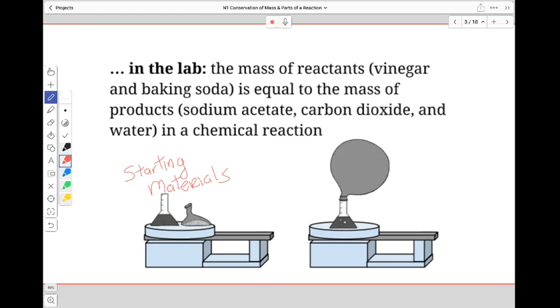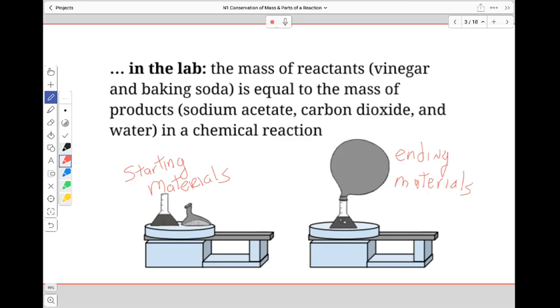And these would be the ending materials. So the issue is that in a lab, the mass of the reactants, or the starting materials, the things that we start with, has to equal the mass of the products.